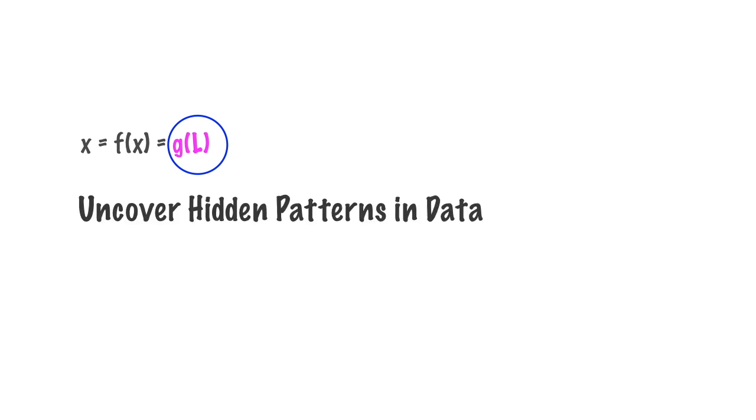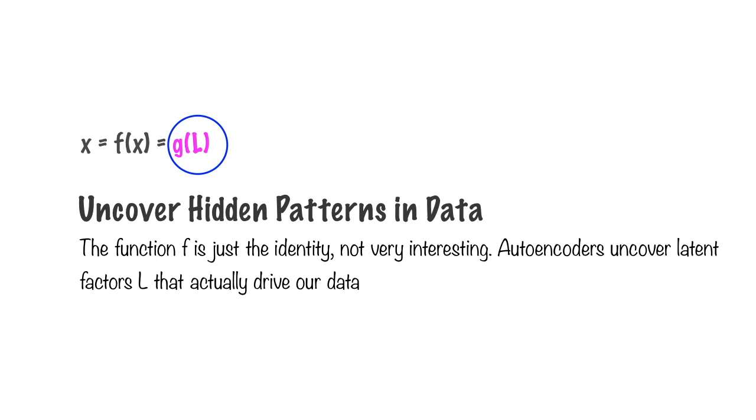Now, on the face of it, autoencoders might not seem very interesting because x is equal to f of x. The function f is simply the identity function. But here is where the catch is. Autoencoders are constrained in some way or the other, and these constraints lead them to discover hidden patterns in data.